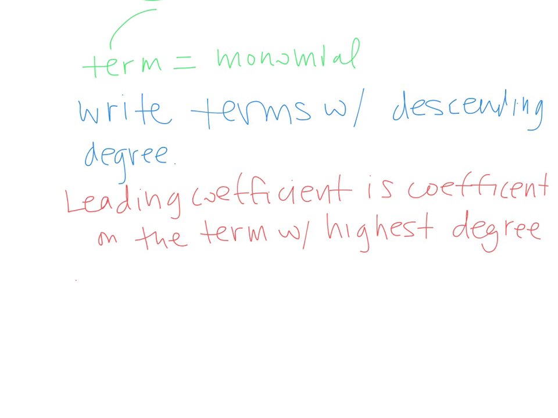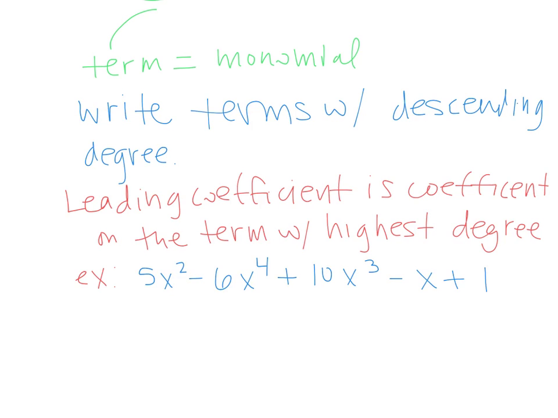Sorry, it takes a long time to write out. If we have something like 5x squared minus 6x to the fourth plus 10x cubed minus x plus 1, the leading coefficient here: we want to look for the term that has the highest degree.